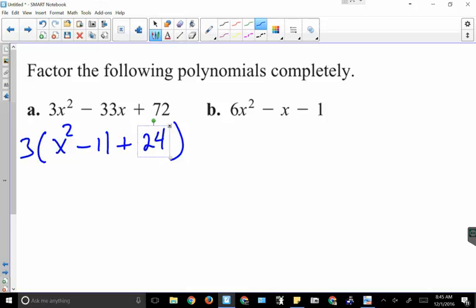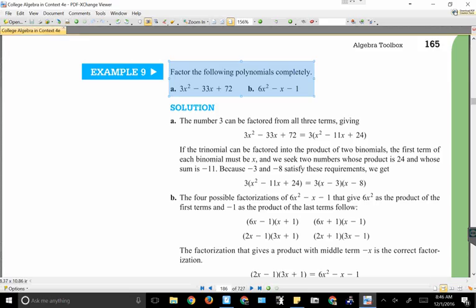Now, how do you factor the rest of that? Well, this is where having a little bit of knowledge is going to help. Both are going to be negative. Okay? How do I know that?